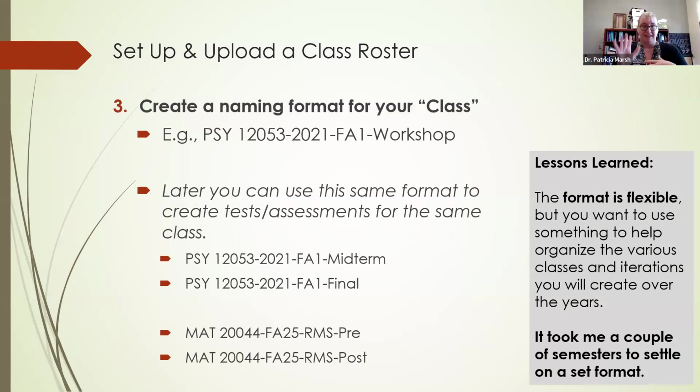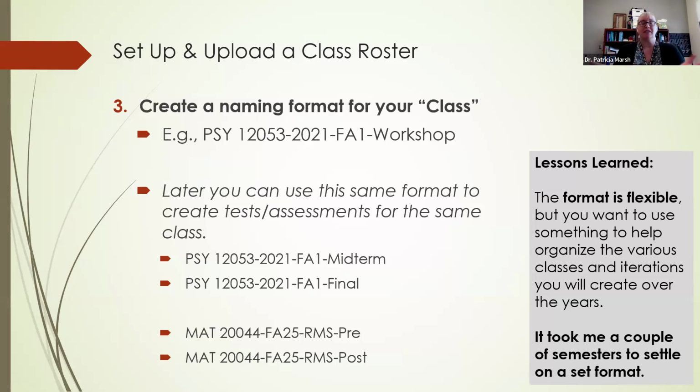Now, what I found, and it's my little lessons learned in the gray box, is it took me a couple semesters to figure out a naming convention that I could remember consistently, that would work when I have multiple different sections of the same course in the same semester or the same year. And so this is a format that I've developed.